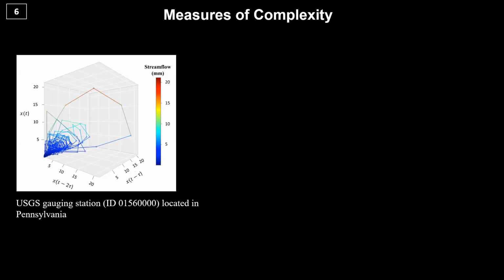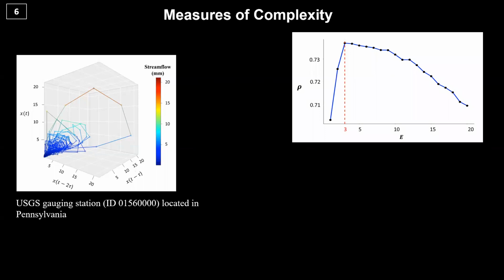So before I tell you what kind of properties we can estimate from this attractor, it is quite important to note that every attractor can be used to make forecasts by learning from the historical trajectory of system states. Now, one of the things that we can do is, instead of constructing the attractor in 3 dimensions, as shown in the figure on the left, we can do this for multiple dimensions, 1, 3, 5, 10, up to a certain limit, which is taken to be 20 here.